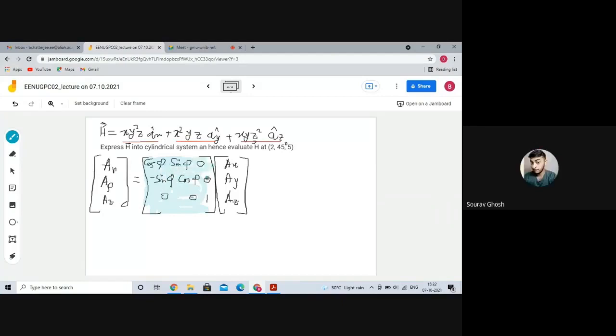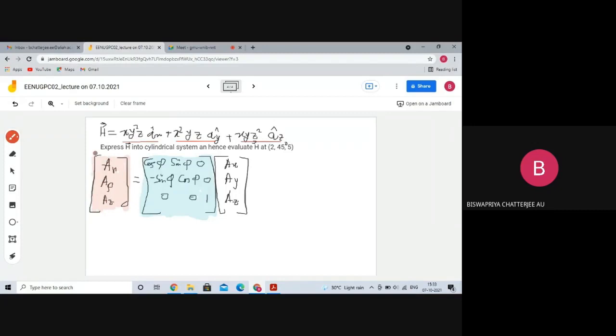Sir, on the left hand side, which matrix is situated? Wait a minute, I am coming to you. Okay, you are asking about this Ar, A phi, Az. This is unknown. It is the cylindrical coordinate.